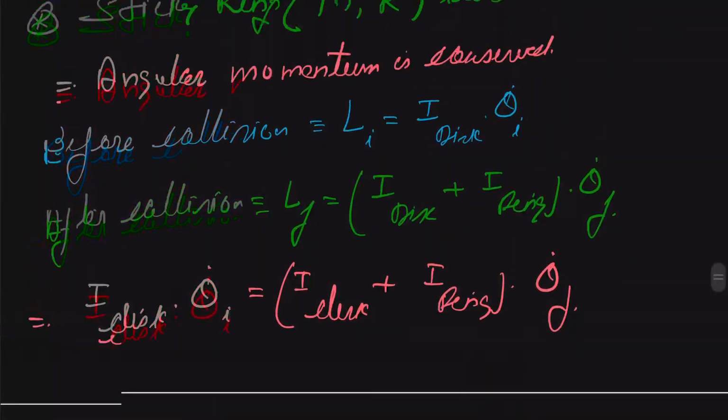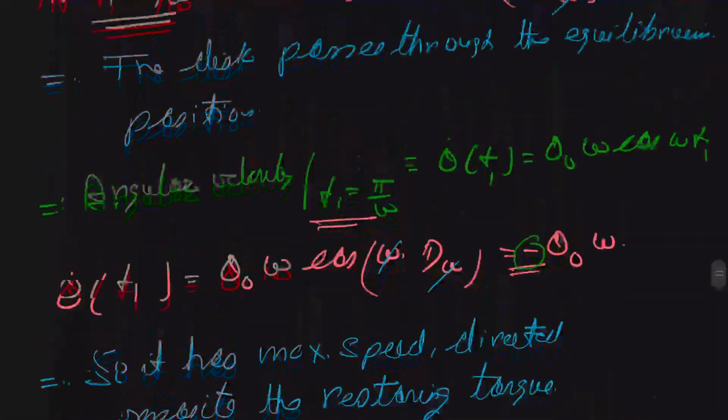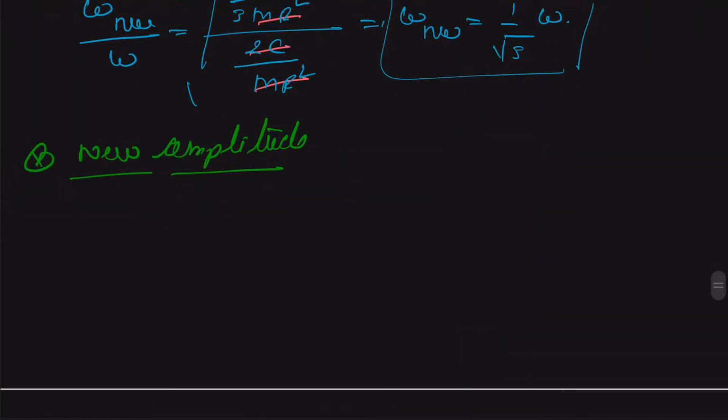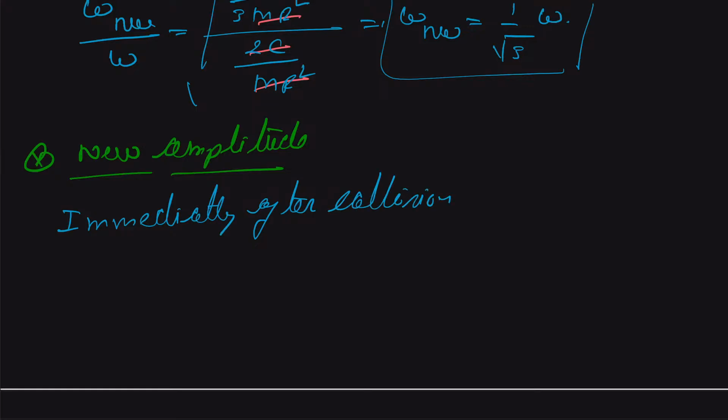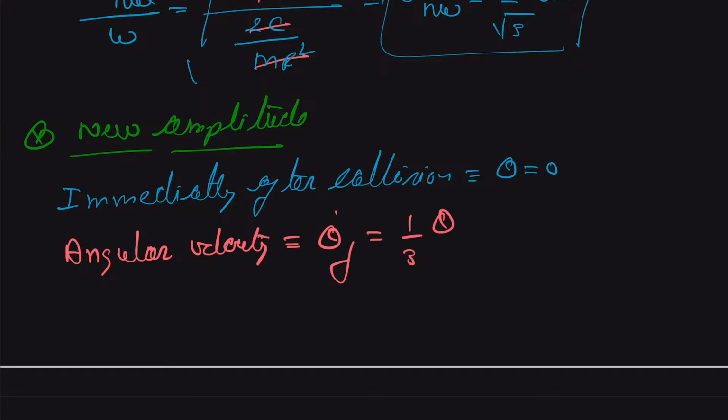So immediately after collision, our theta is equal to 0 and our angular velocity, theta prime final, will be equal to 1 by 3 theta initial prime.